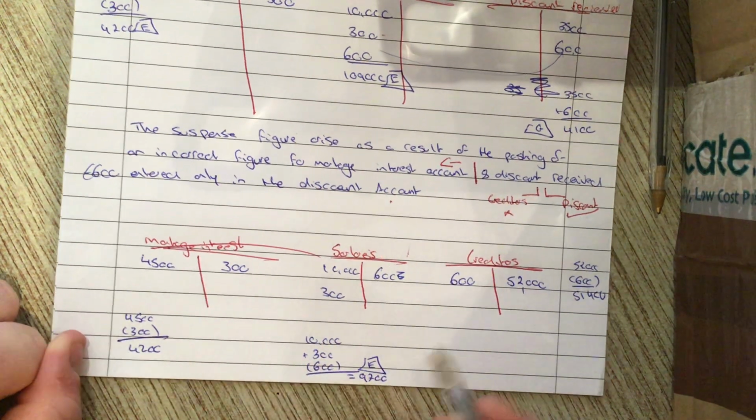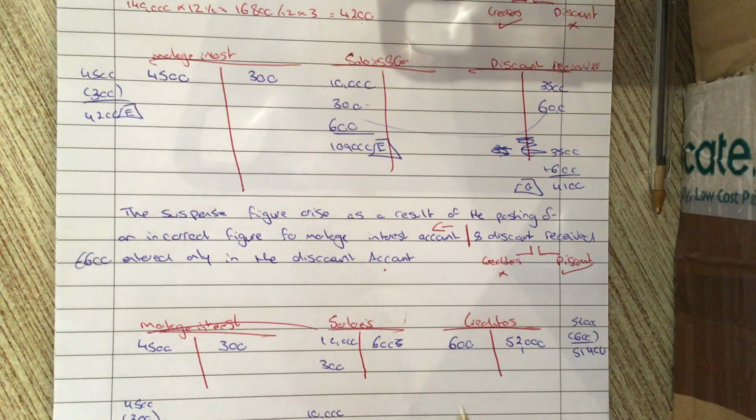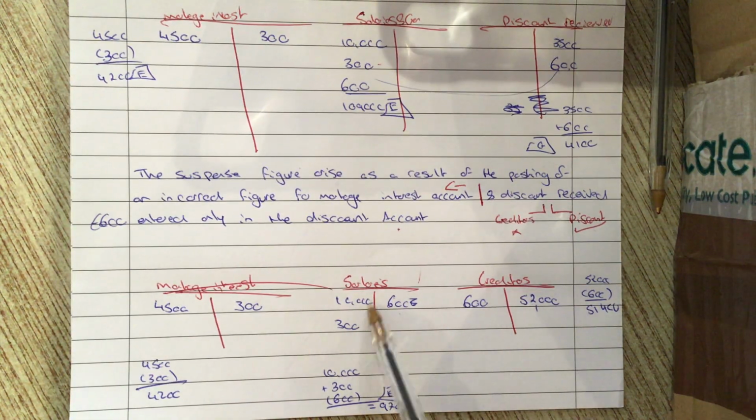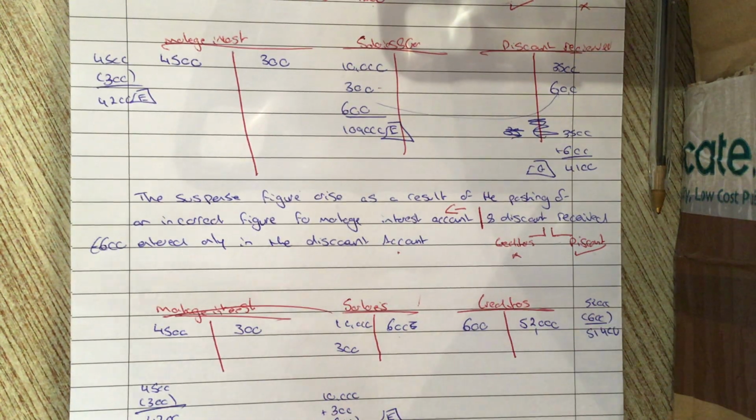Right? You could just literally do them like that, but I always do them in the T accounts because they allow me to correctly analyse what entry they go on, okay? Because, like, this is the suspense account. You're not going to know if the 600 euros, because depending on if it's a discount allowed or discount received, okay? So always do these in the T accounts.